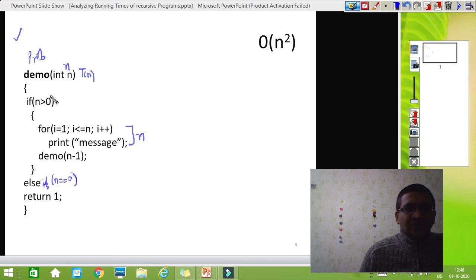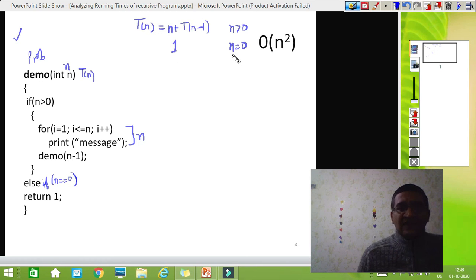That means I can represent the entire algorithm as T of n. If n is more than 0, then the value of T of n is n plus T of n minus 1. And if n equals 0, then we get 1. This is a kind of exit condition, a break point in our recursive call.